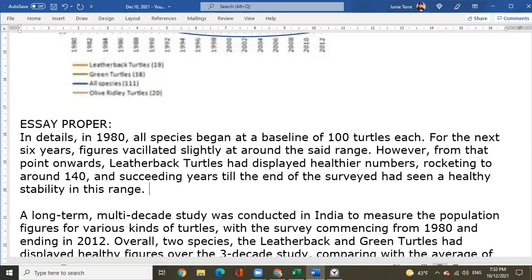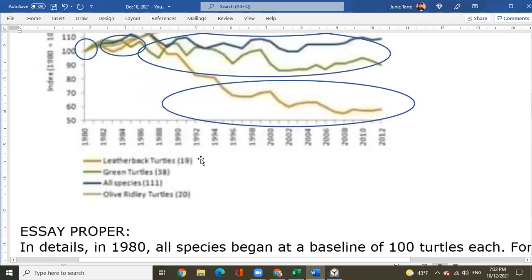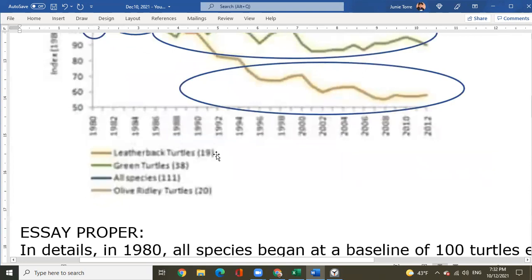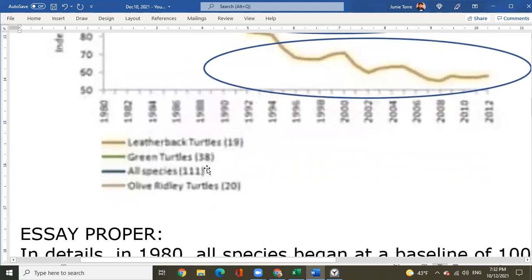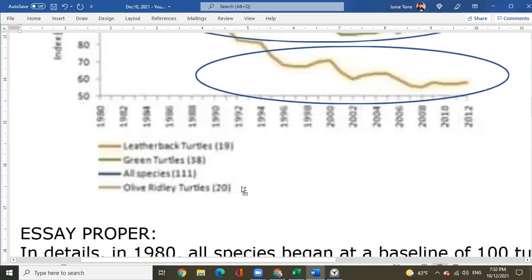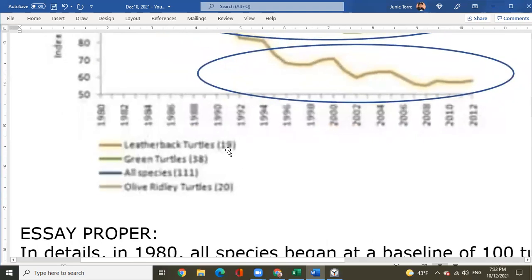Okay, and then green turtles. Oh, there you see there are numbers here, guys. I was almost caught by, oh my God, what's this? What does this mean? 15, 38, 111, and 20. So 19 plus 38, that's 58, plus 20, 78. What's happening? I don't understand. So this is a problem, guys.